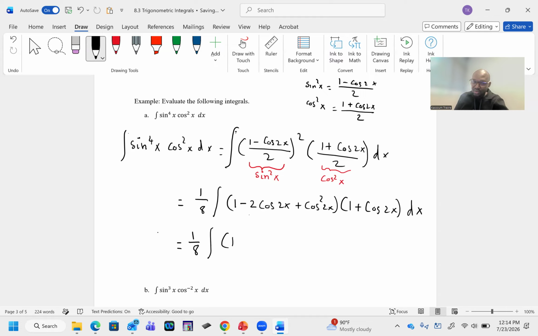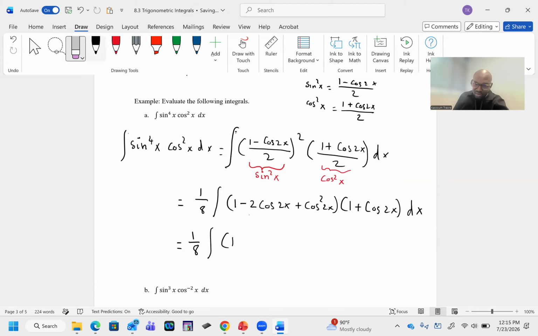So if I combine those two, it will give me negative cosine of 2x, and negative 2 cosine of 2x times cosine of 2x will give me negative 2 cosine squared of 2x. But this cosine squared of 2x times 1, or you know what, let me just distribute everything and then we'll combine like terms. I don't want you to get confused. So let's go ahead and do that.